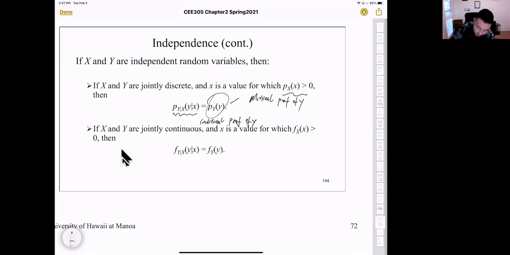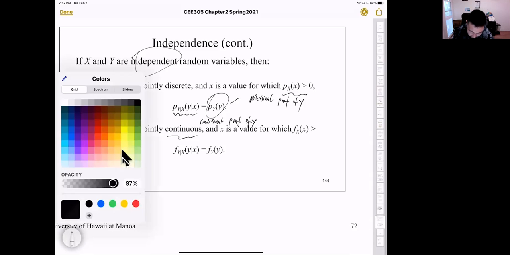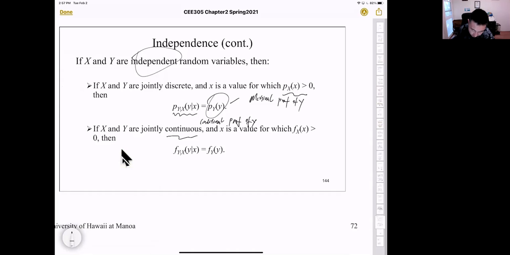Again, the condition is they are independent. For continuous, similarly, the conditional PDF of y given x is equal to the marginal PDF of y, when x and y are independent.